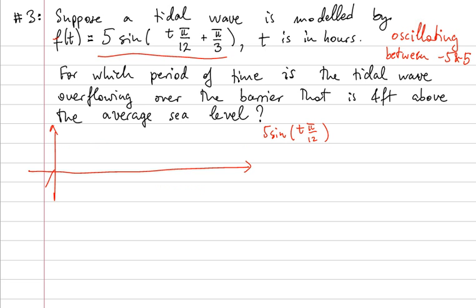It looks like this. It's shifted by less than pi over 2, so the peak actually happens a little bit after. Now this one is 5 sine t pi over 12 plus pi over 3.